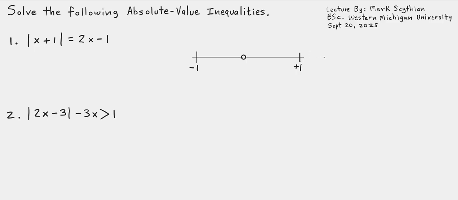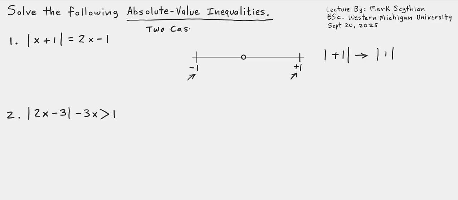So if we took the absolute value of positive 1 or just 1, it would be with respect to negative 1 and positive 1. So that means when solving absolute value inequalities, we have to have two cases, two different answers to complete the solution.